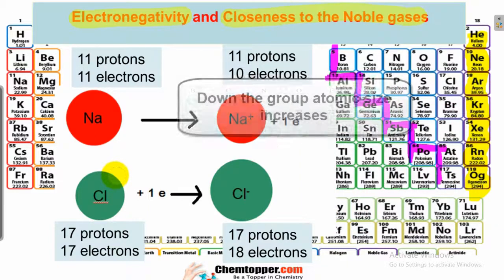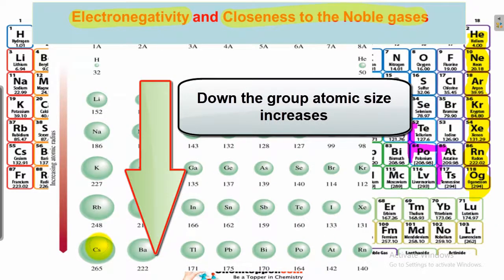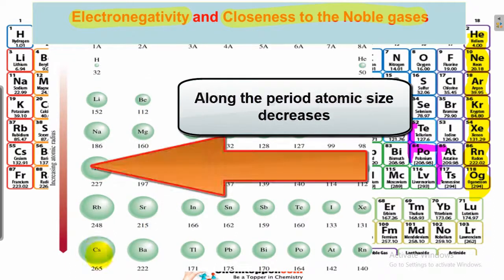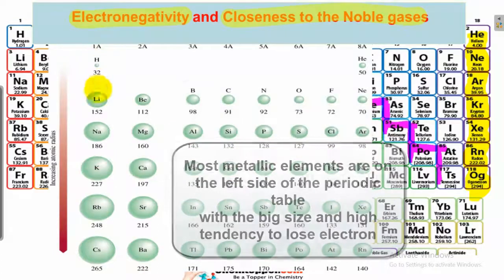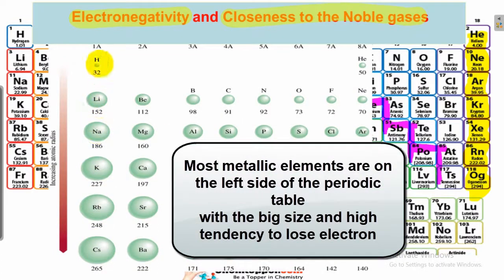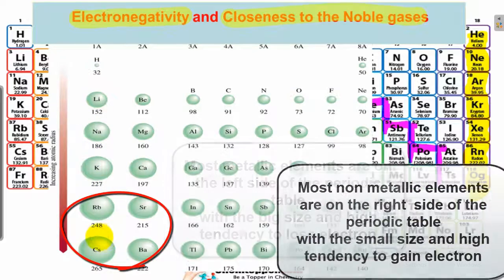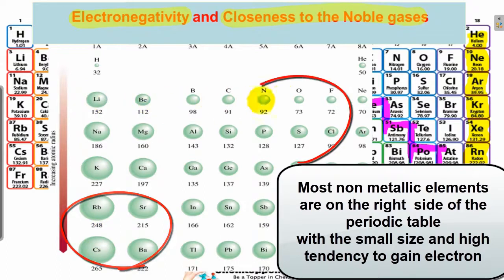Down the group, atomic size increases. Along the period, atomic size decreases. So what does this mean? It means most metallic elements are on the extreme left side of the periodic table and most non-metallic elements are on the extreme right side.